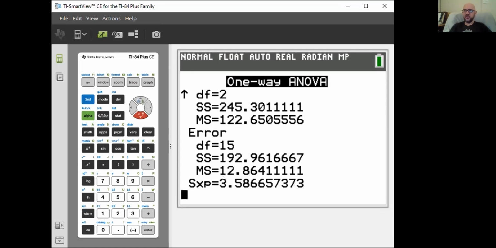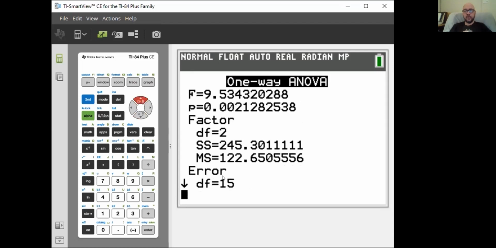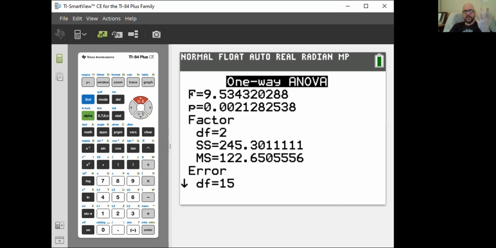I'm just going to trust the calculator has done it right, and again, check your data. The thing we care about here is p equals 0.002. This is our p-value, right? And so this is less than 5%, so it makes us want to reject the null hypothesis. That's the top line number that you're looking for.